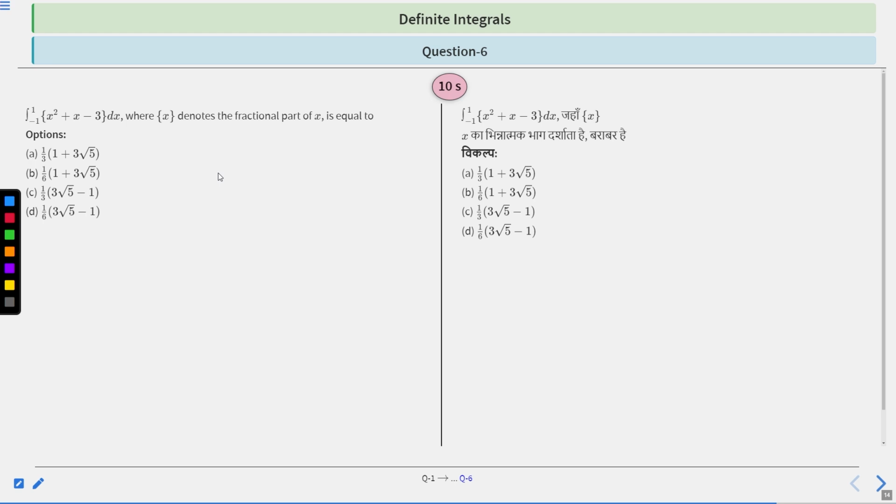Therefore, fractional part of x can be written as x minus integral part of x. You can convert the fractional part of x into x minus integral part of x, and after that you can easily solve the question, because x squared plus x minus 3 dx you can easily find by the methods of integration of polynomial, and the greatest integer function of x square plus x minus 3 can also be found by certain observations. Clear? So in this way you can think about this question.